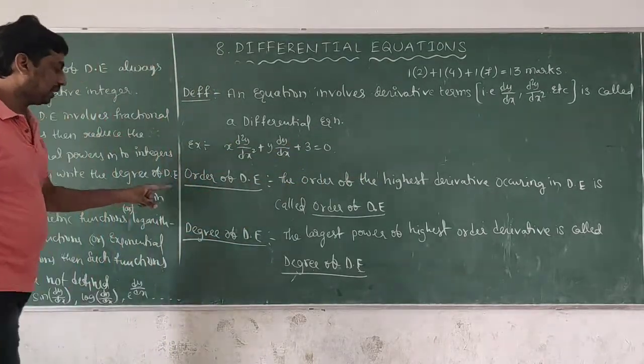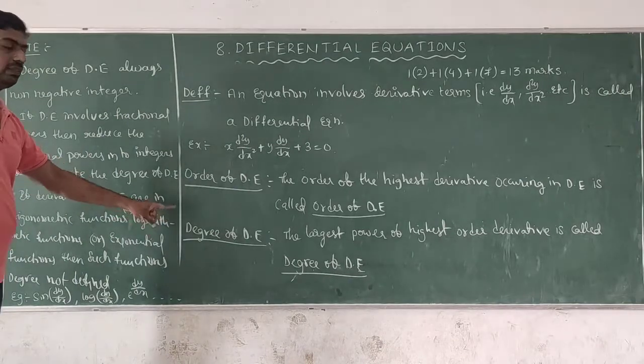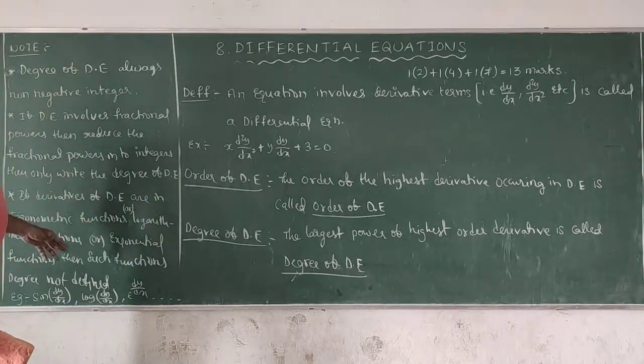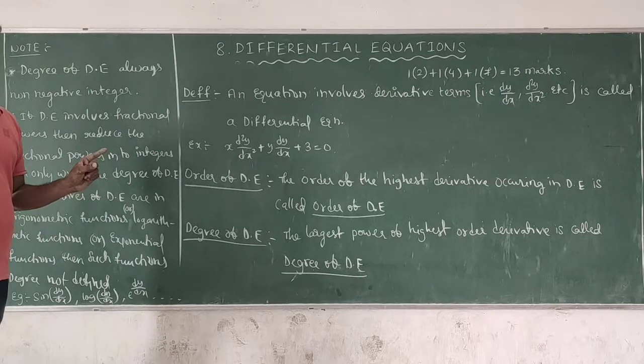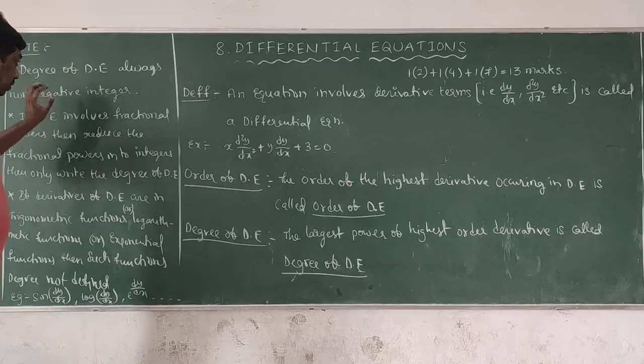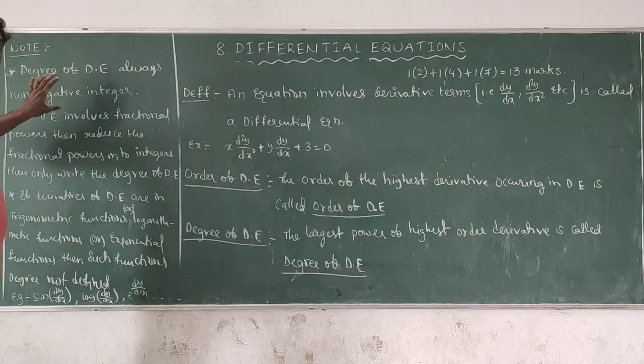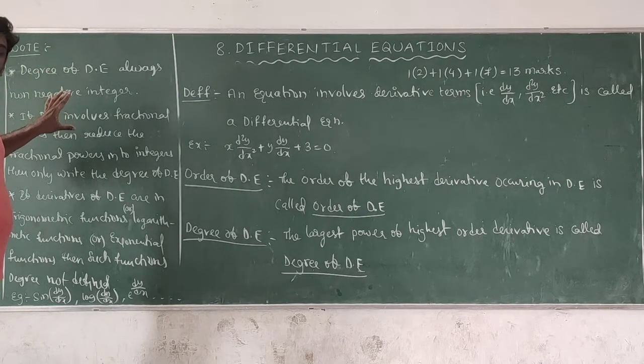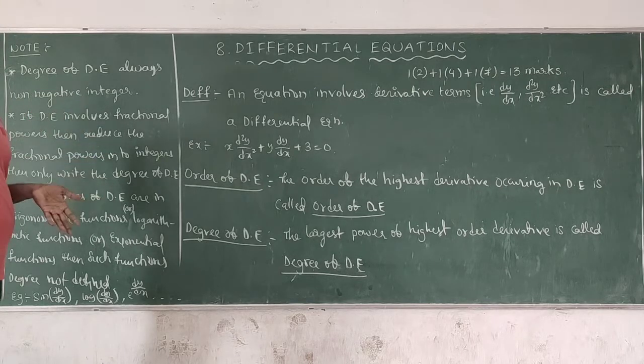Whenever we write the degree of the differential equation, these are the conditions: the degree of the differential equation is always a non-negative integer. Next, if the given equation has fractional powers, we need to simplify it, reducing the fractional powers into integers, and only then can we write the degree of the differential equation.